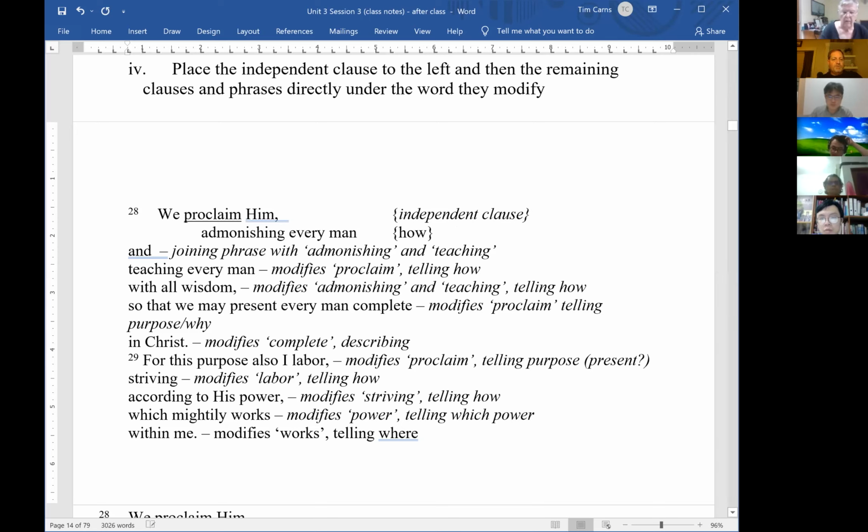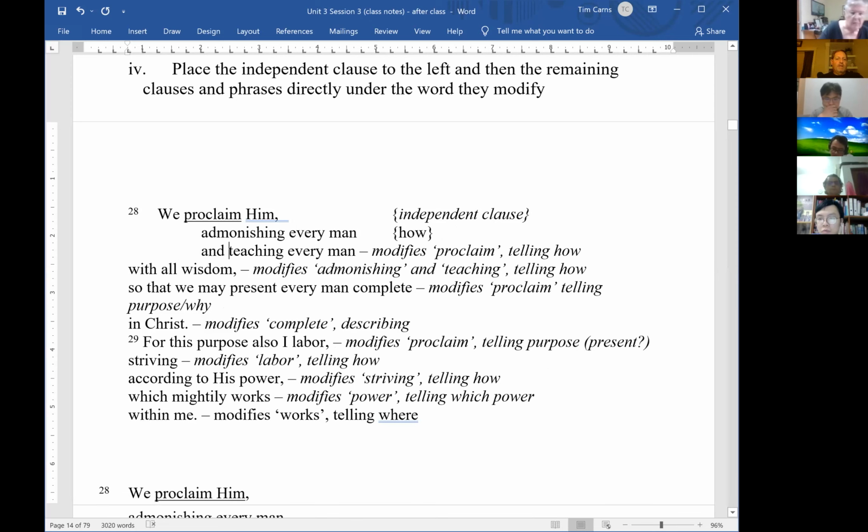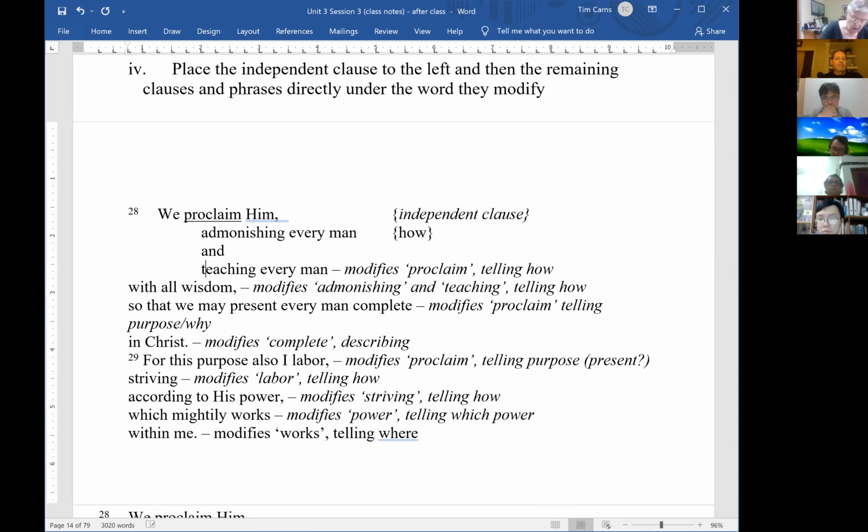And as we said, "and" is joining admonishing and teaching, so I'm going to put it under admonishing. So admonishing every man and teaching every man, and again, this is answering the question how. It's modifying proclaim. How do we proclaim? By admonishing every man and by teaching every man with all wisdom.